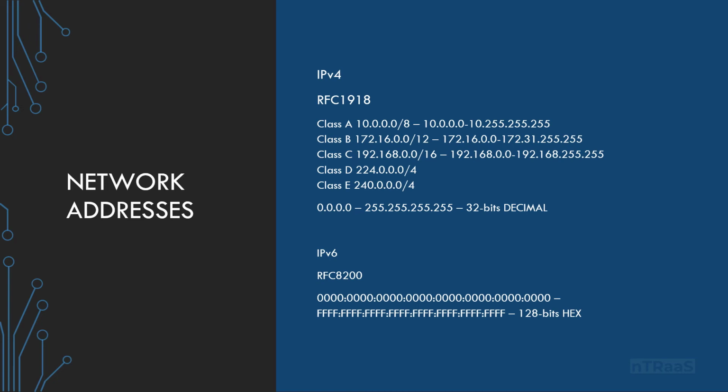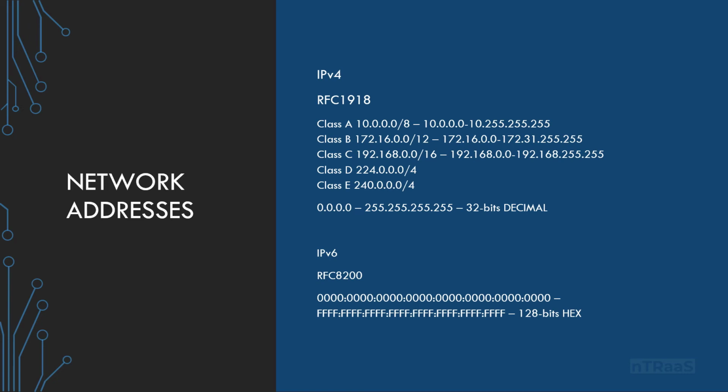Keep in mind, once again, these are ranges of addresses. The 8, 12, and 16 is basically the bits that can and cannot change for internal communication. 10.0.0.0/30 is a subnet of 10.0.0.0.